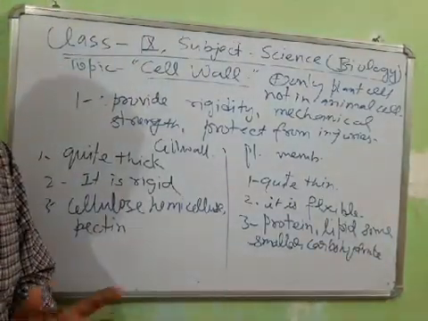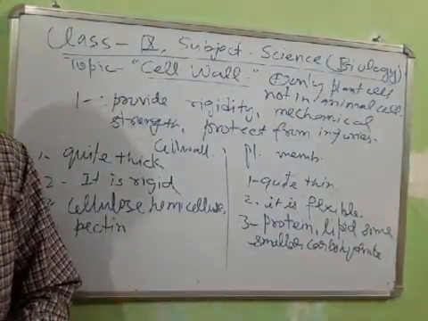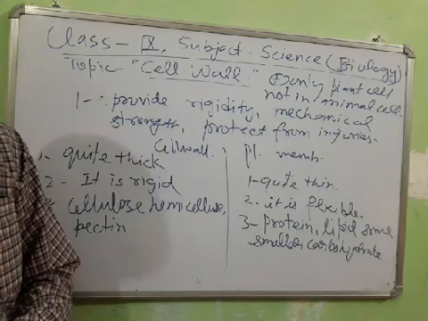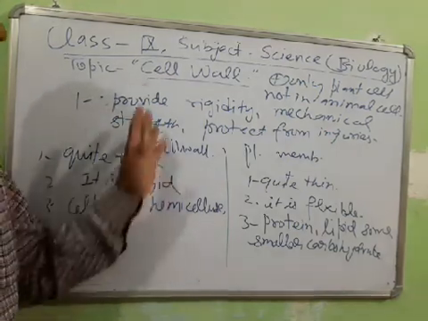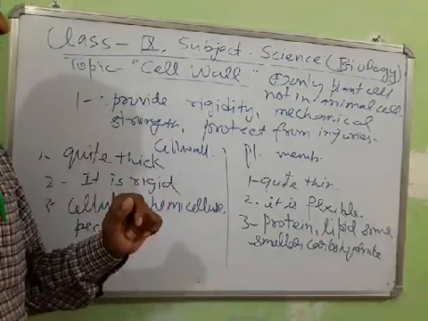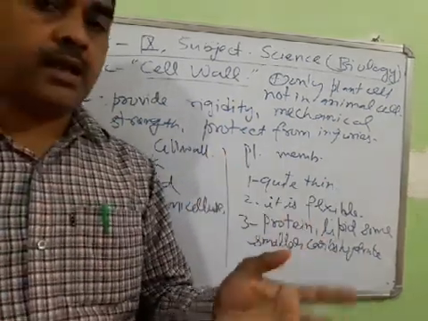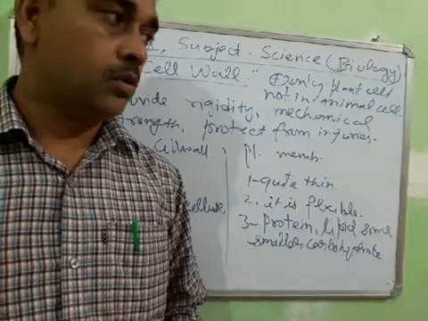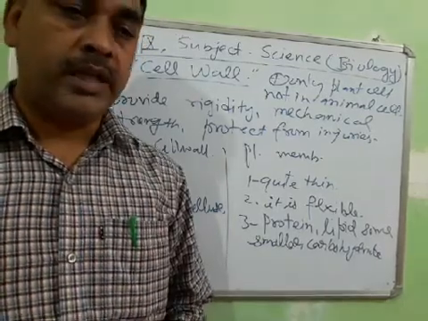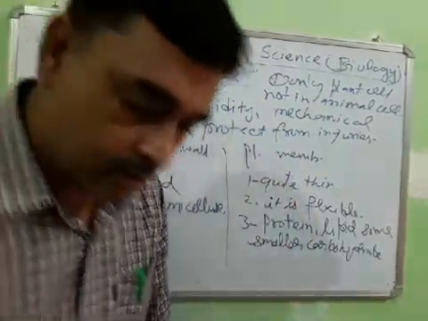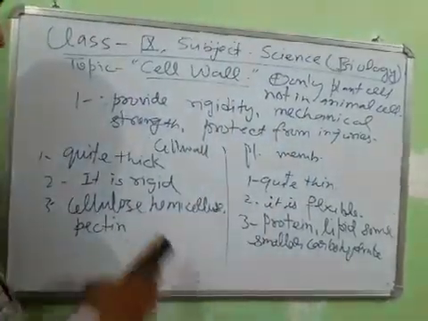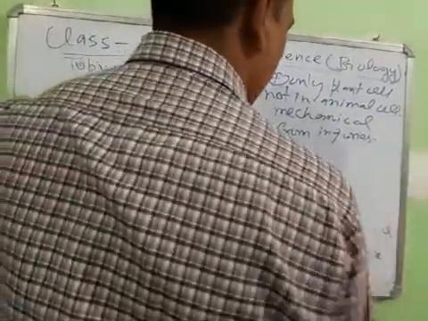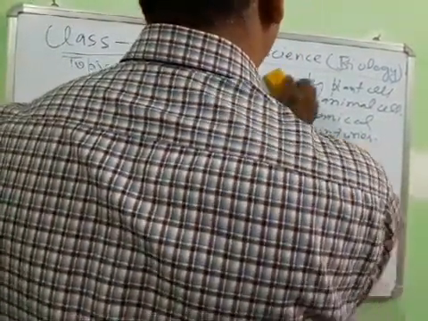Okay. So students, in this topic, cell wall, there are so many other functions of the cell wall which are also found, except this point. You can write down in rough what are the other functions of the cell wall.